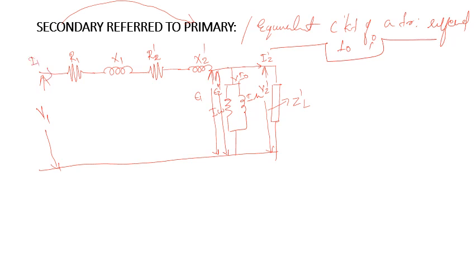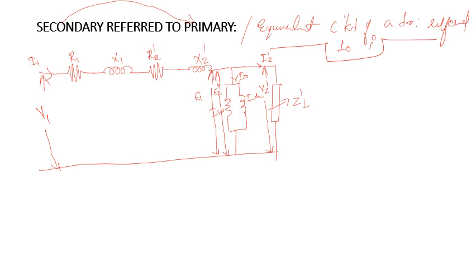So here we can check whether all the components of the secondary are referred or converted to the primary. Here R1 is the primary winding resistance, X1 is the primary winding reactance. R2 dash and X2 dash, both quantities are coming from the secondary side. E2 dash from the secondary side, ZL dash load from the secondary side. I2 dash is the load current.